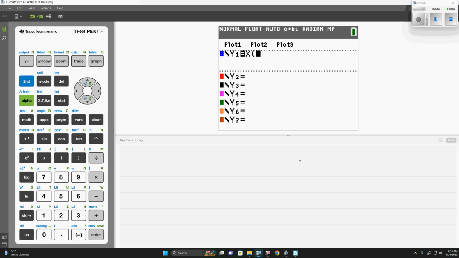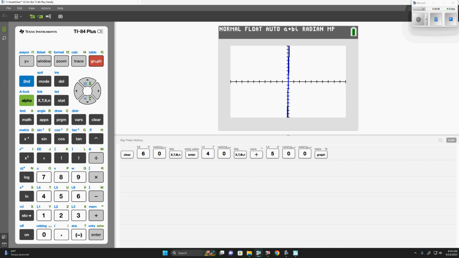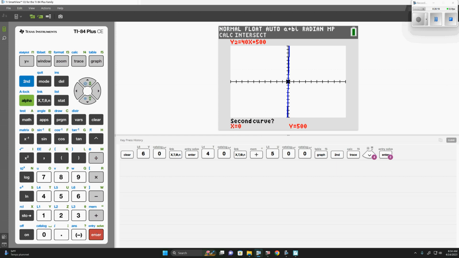Another way, we can grab the graphing calculator. Say one of the equations is 60x, the other is 40x plus 500. Graph. Well, we can't see both lines, but if we go second trace intersection, first line, second line, yes.